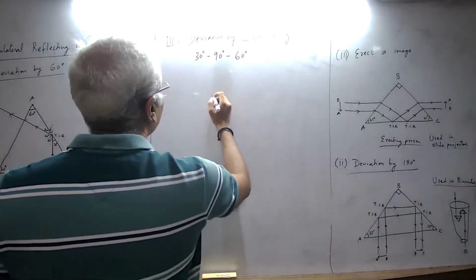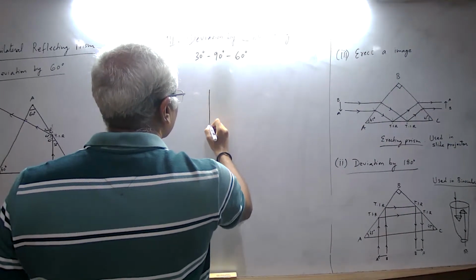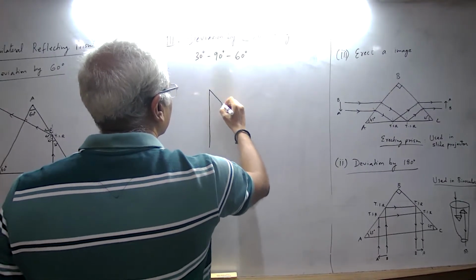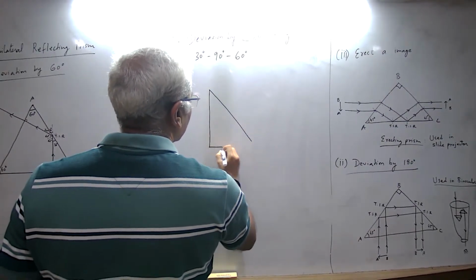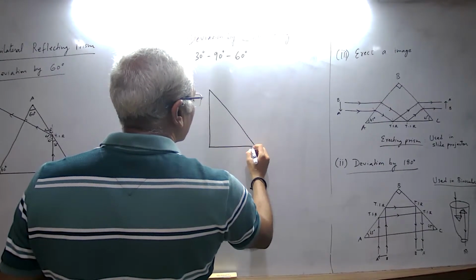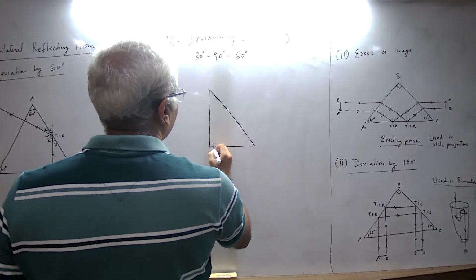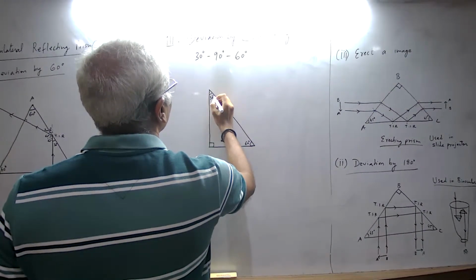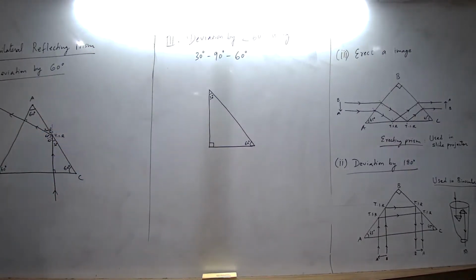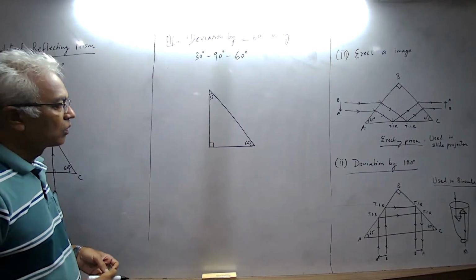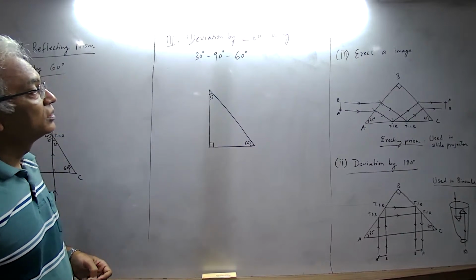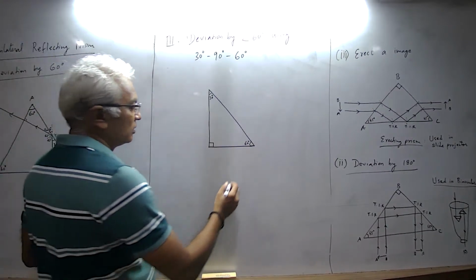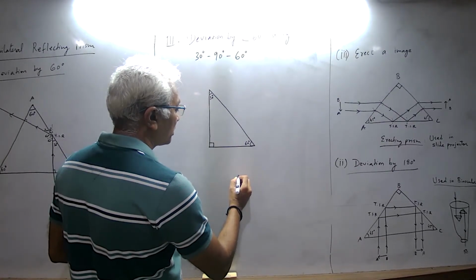So this is going to be, you have 90, this is 60, and this is 30. Okay. So how do we obtain deviation by less than 60 degree? So let me input a ray from the base.